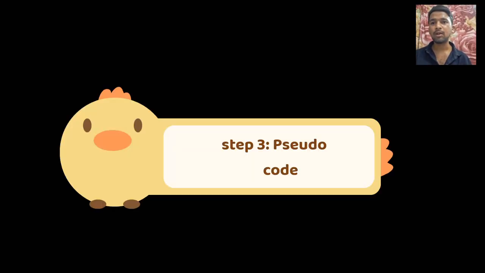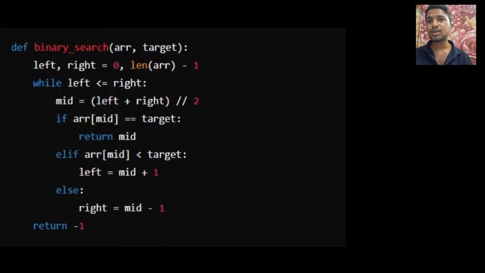Now proceeding to the next step, which is pseudocode. Here we have a pseudocode. In the first line we have a function, which is binary search, and in the second line we have some variables: left, right equals 0 and len(arr) minus 1. Let's break it down with an example.